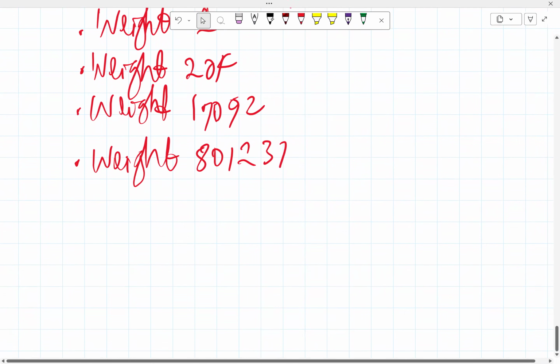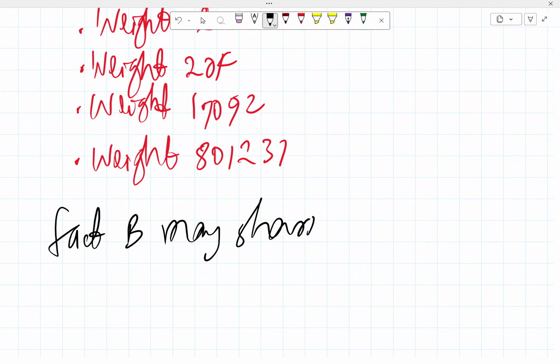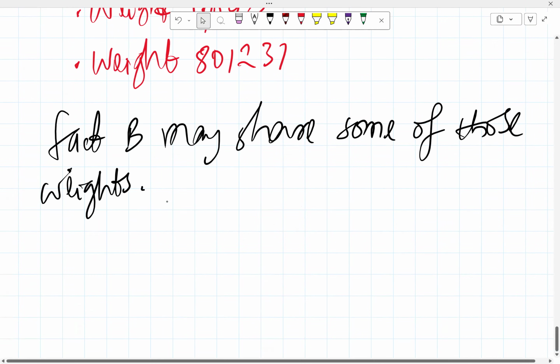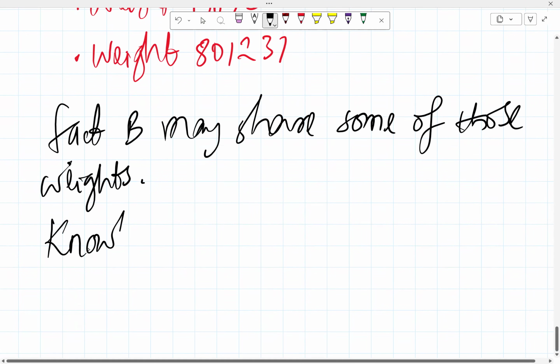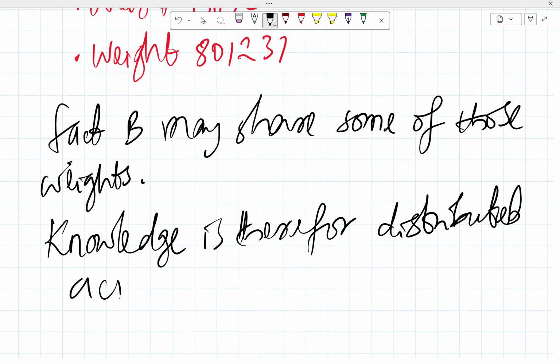On the other hand, fact B may share some of those weights. Knowledge is therefore distributed across the network.